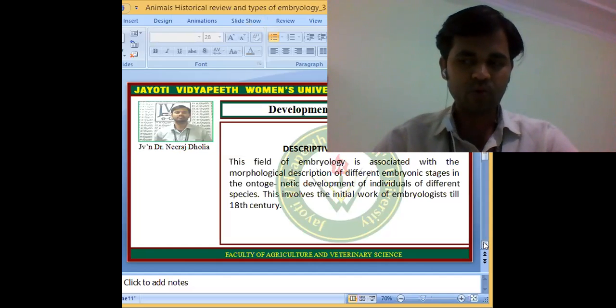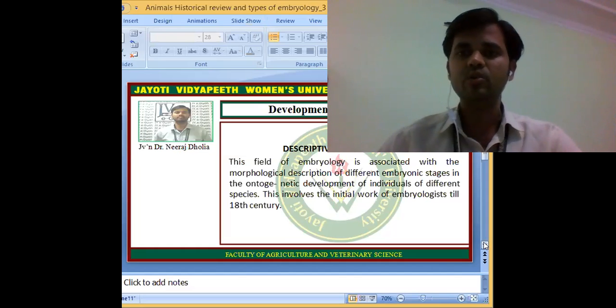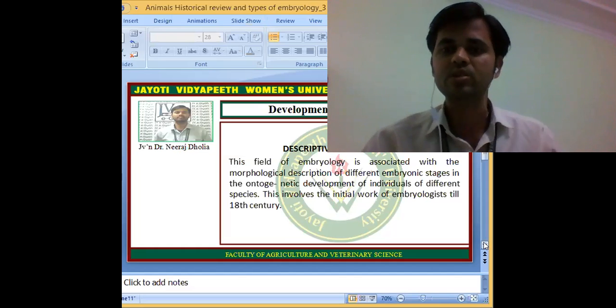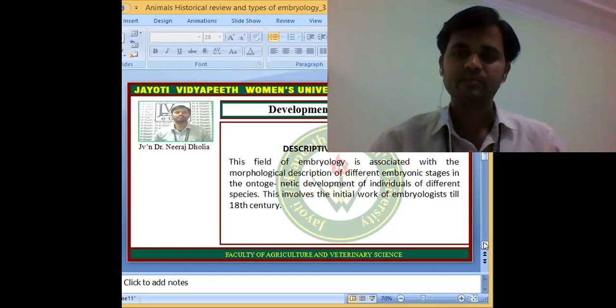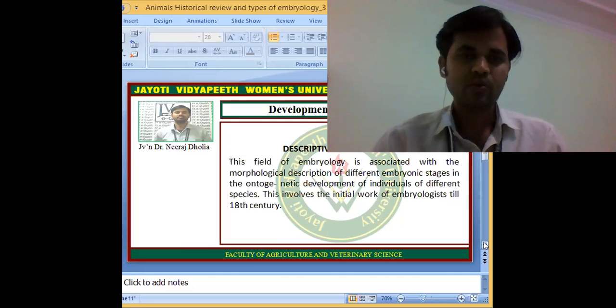If we know about the stepwise description of the embryology, we can control them. Okay, if you know anything, then you can control that. If you do not know any pathway, you cannot control it. So if your pathway is known, we can regulate it by many chemicals, inhibitors, and drugs. Okay, so descriptive embryology is an important branch of the embryology.